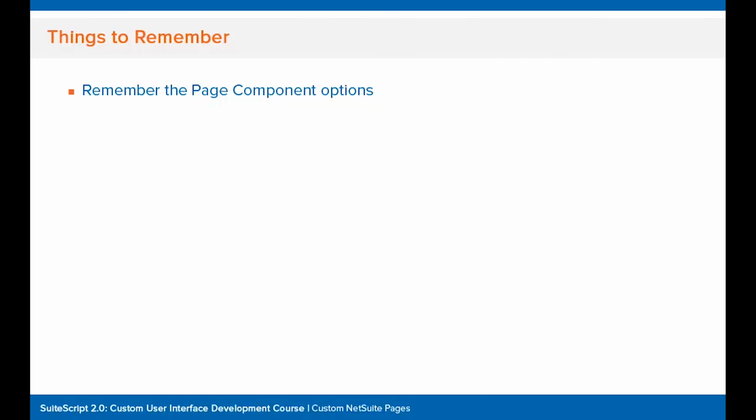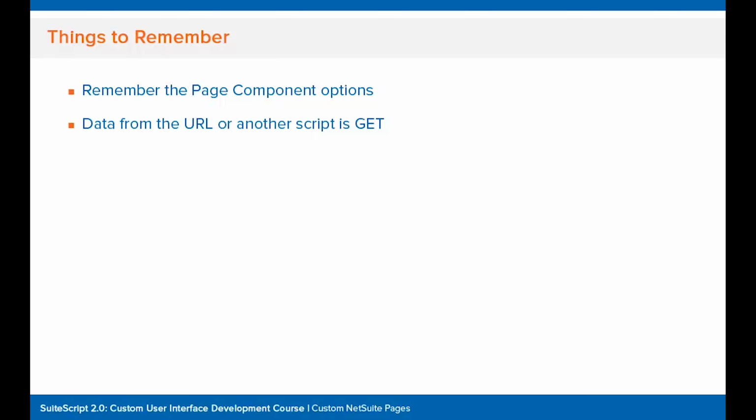A few things to remember before you go to your exercise. Remember the different page component options. There are a lot of things that you can do on your page, such as adding fields, changing how your field displays, or changing how your field behaves, maybe making it mandatory or optional. You can also rearrange the page depending on the layout option that you have.